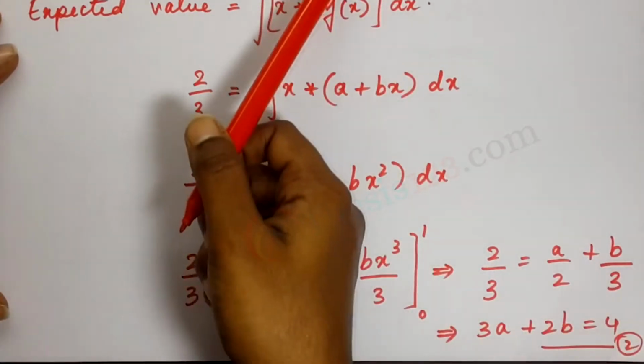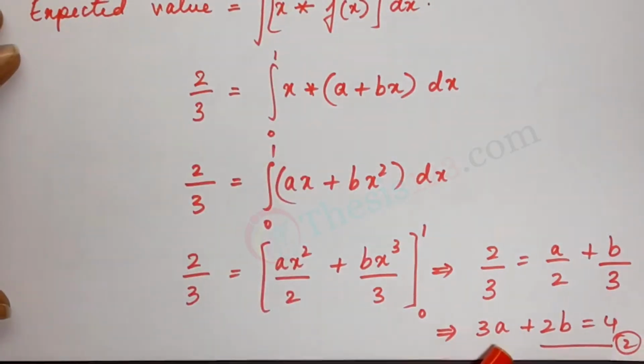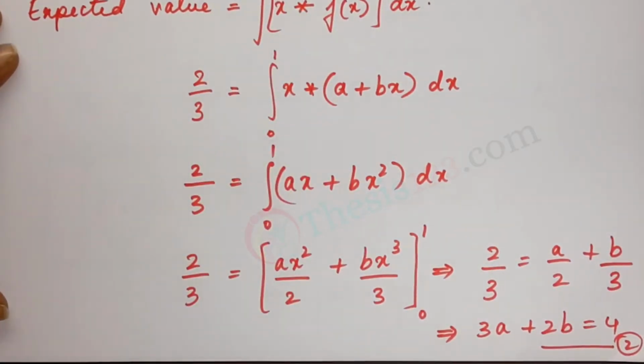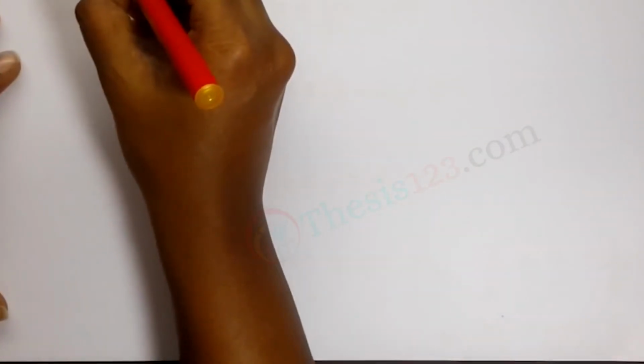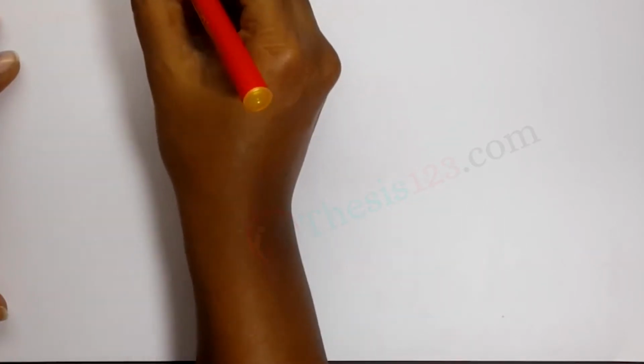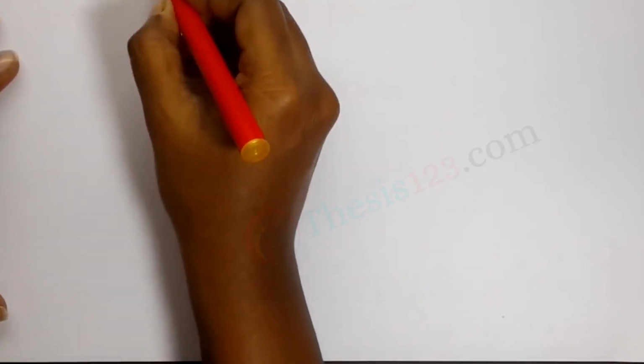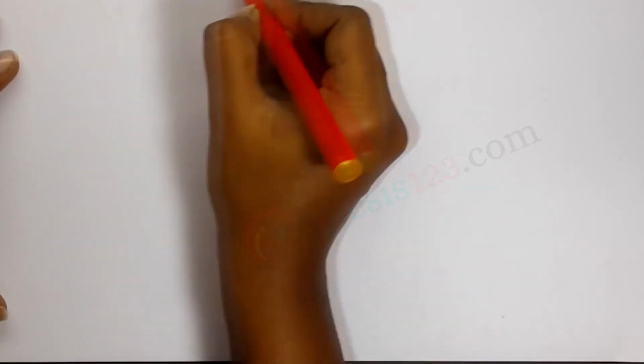So we have equation 1 which says 2a plus b equals 2, and equation 2 that says 3a plus 2b equals 4. If we solve both of these equations, we'll obtain the values of a and b. So let's do that now. The equations are 2a plus b equals 2 and 3a plus 2b equals 4.